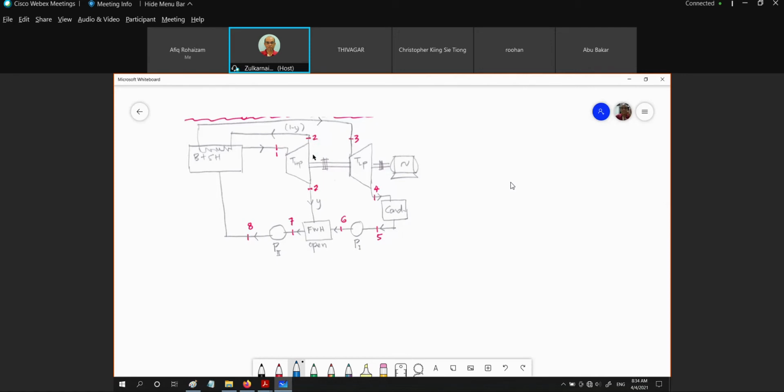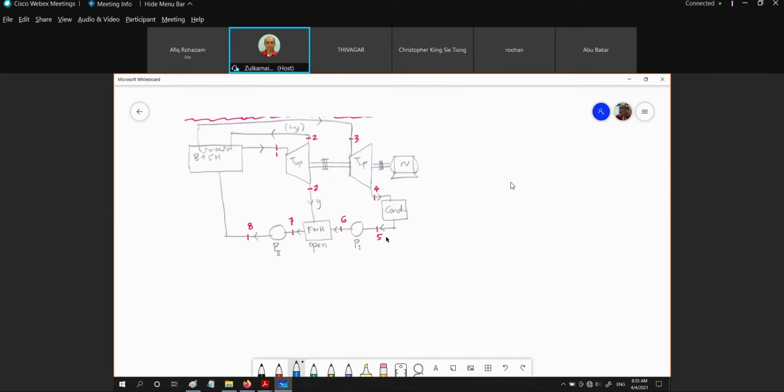And then the balance of the flow, which is 1 minus y, we are going to reheat it again, right, in the superheater side. And then we are going to expand to the second turbine, which is the low pressure turbine. Then coming out from the low pressure turbine, we are going to send into the condenser side.